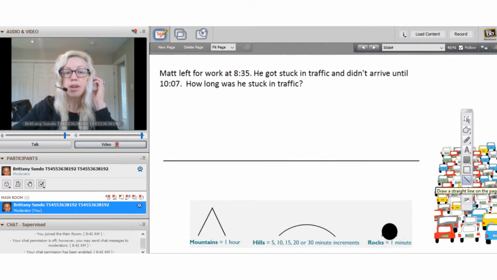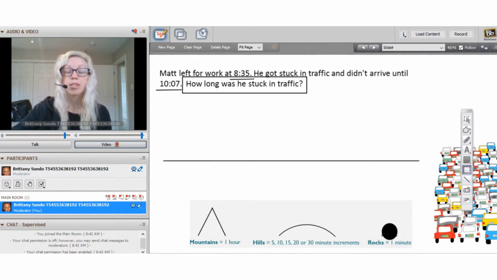We know that he left for work at 8:35, and we know that he didn't arrive until 10:07. What we don't know is how long he was stuck in traffic. So we need to figure out the elapsed time, or how much time has passed between 8:35 and 10:07.